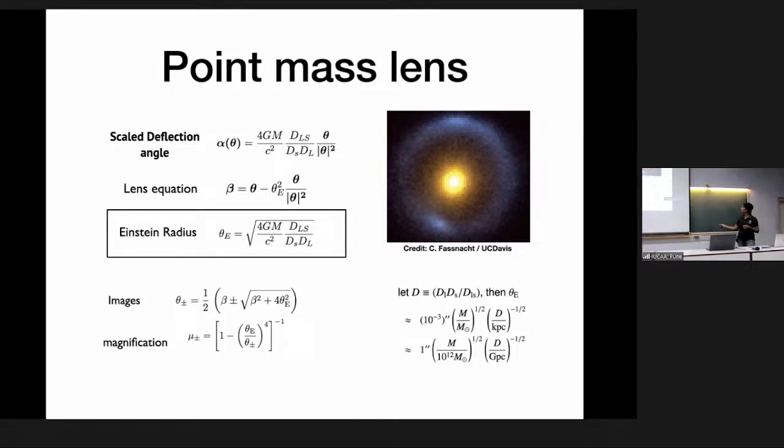If you put in distances of a few billion light years, which are the distances of galaxy clusters, so these are in the gigaparsecs, and if you put in masses of a massive galaxy or a galaxy cluster, then the deflections are much larger, and this is why it becomes possible for us to observe these systems.